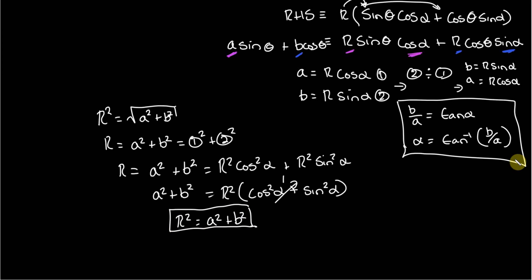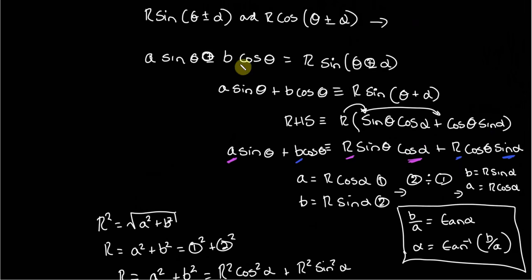And so thinking about it more generally is quite helpful in review, in that if one isn't always sure how to convert an R formula, say in this case R sine theta plus alpha, or it could be R cos theta minus alpha, or whatever, all one needs to do is just expand.